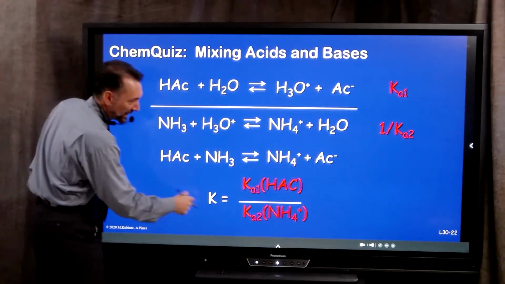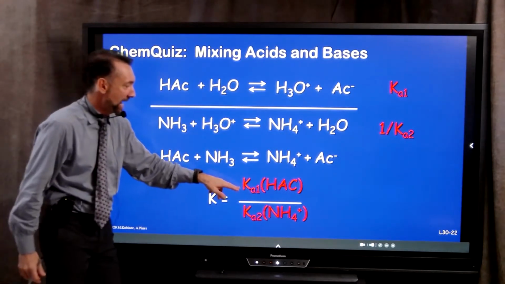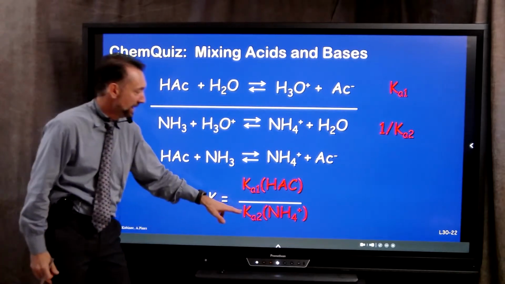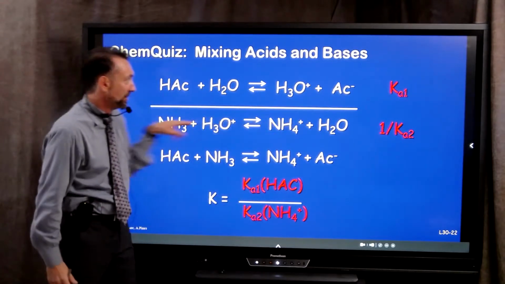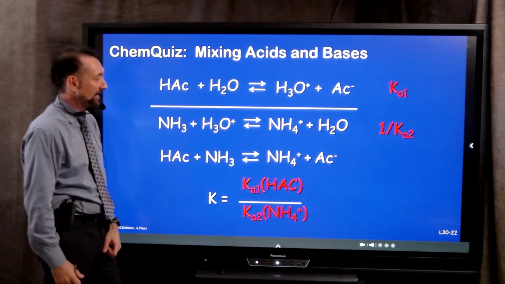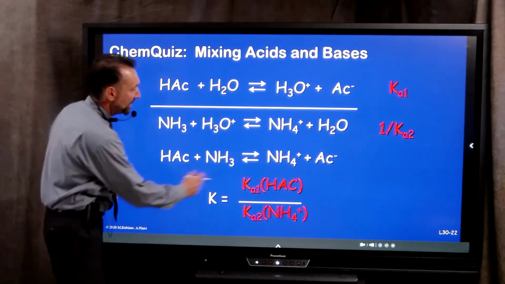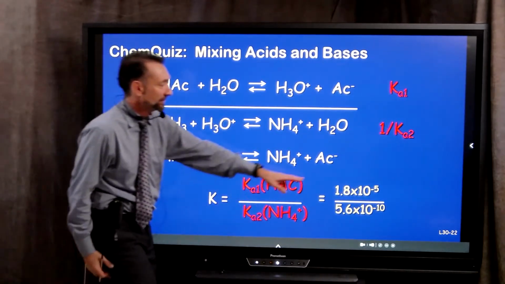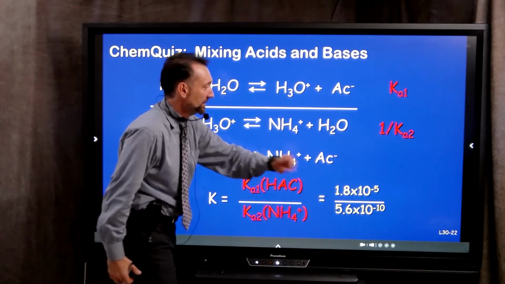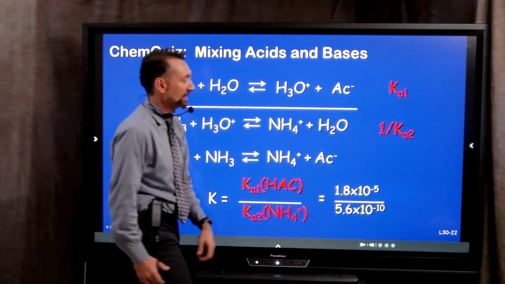So the K for that reaction is Ka1 for HAc times 1 over Ka2, that weak acid, and that K is 1.8 times 10 to the minus 5.